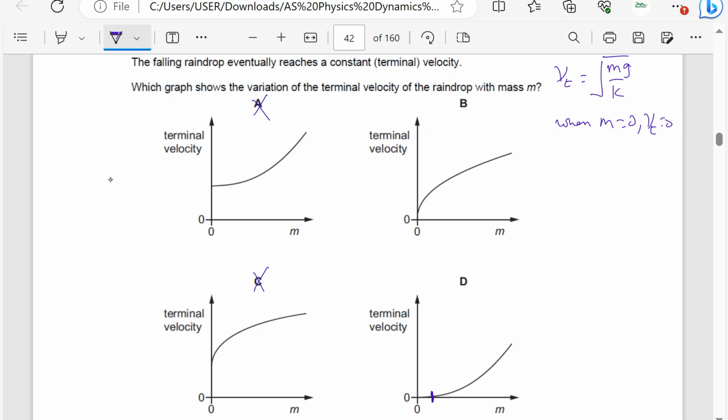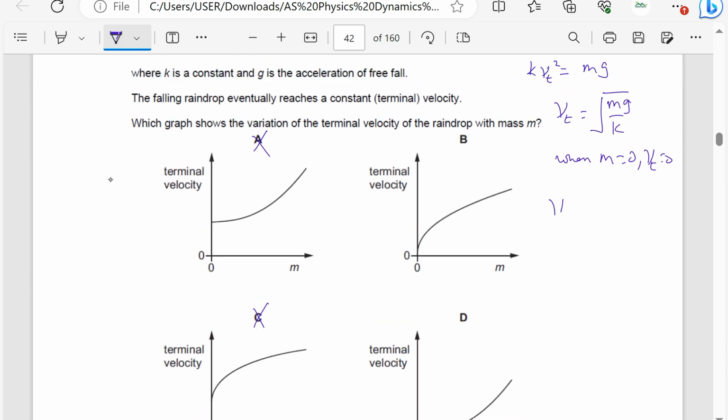Of course, B and D, one of them could be correct, but let's check the gradient. We notice that terminal velocity is directly proportional to the square root of m. What does that mean? Of course, we have seen an example like this one, that this is a decreasing gradient. So this is a decreasing gradient.